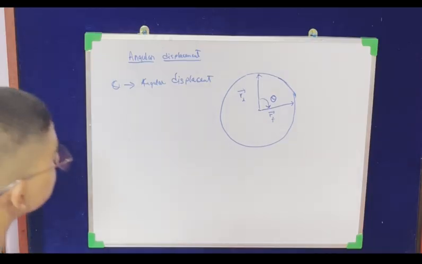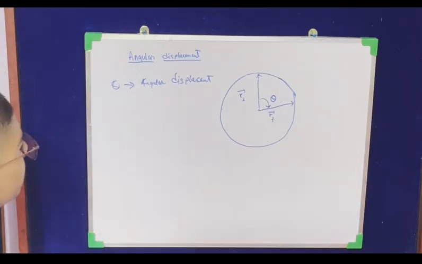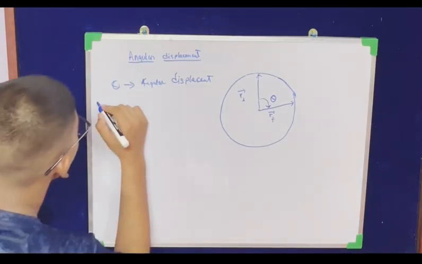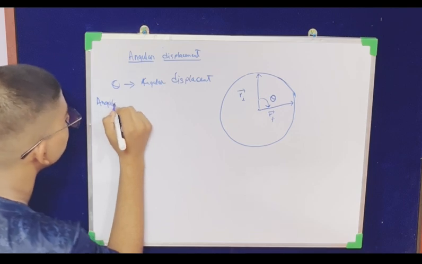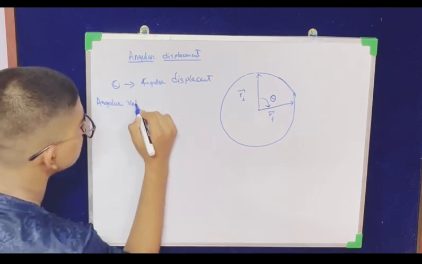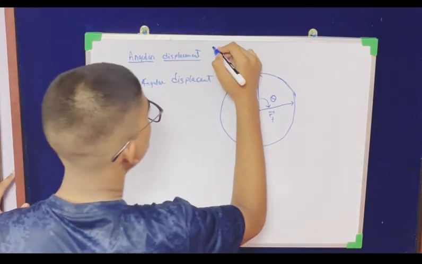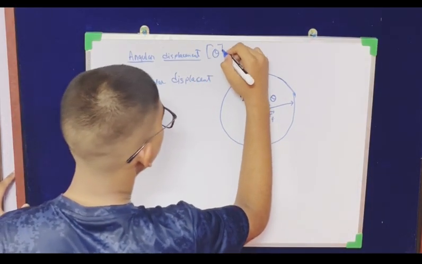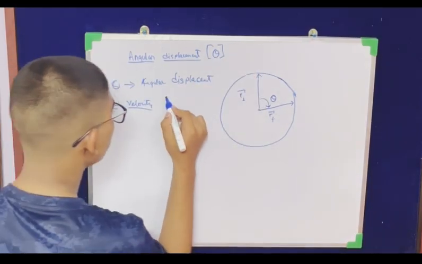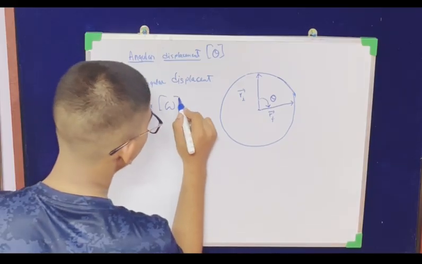Next part which comes is the angular velocity. Angular displacement is represented by theta and angular velocity is represented by omega.